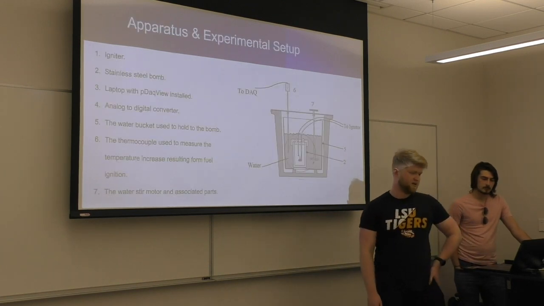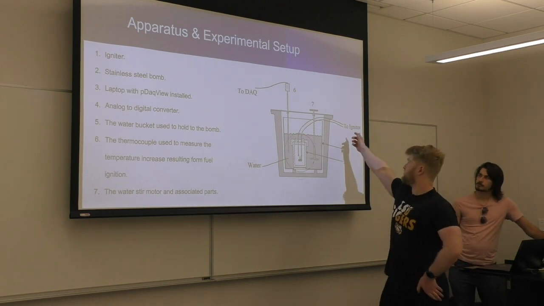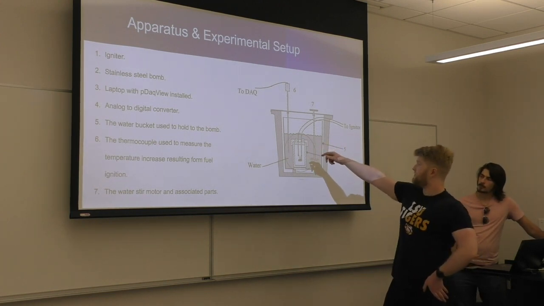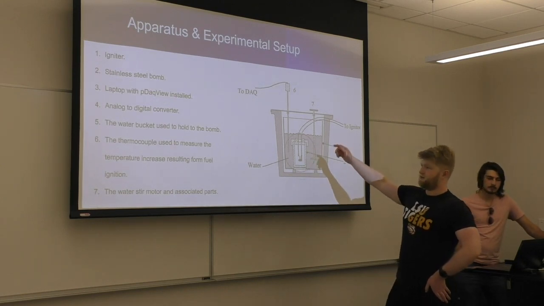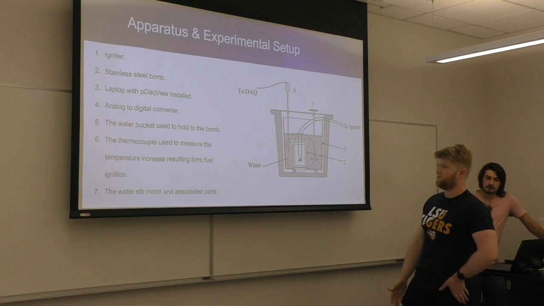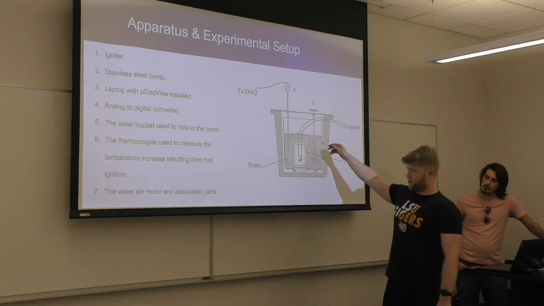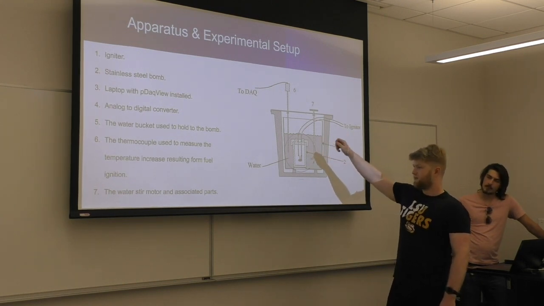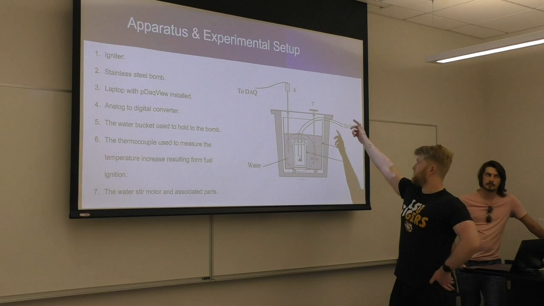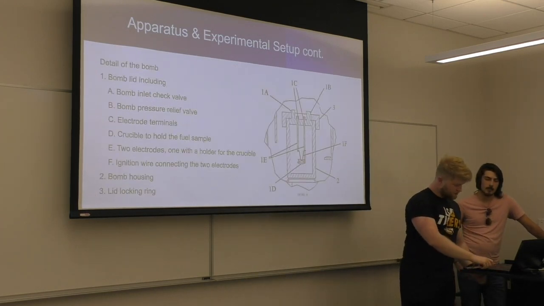The experimental setup and apparatus consists of the igniter going into the bomb right here, which is the stainless steel bomb plugged into the laptop with the analog converter. The bomb is inside of the water bucket, submerged as well. There's a thermocouple inside to measure the temperature and a motor that stirs the water to circulate it.